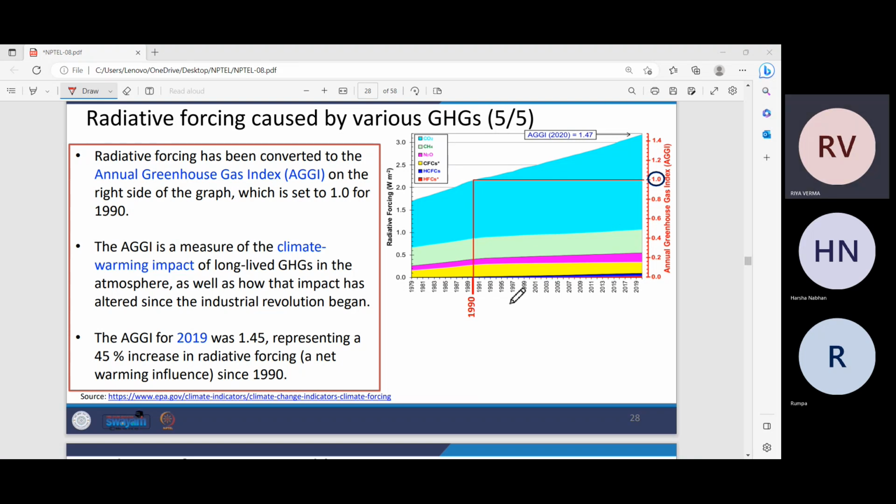So the radiative forcing is converted into this annual greenhouse gas index. It is basically a measure of the climate warming impact of the long-lived greenhouse gases in the atmosphere, and also how this impact has changed since the Industrial Revolution began, that is in 1979.